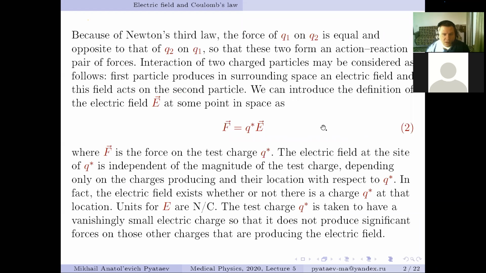Well, if we had only Coulomb's law, the electric field would be just a useful method of calculating force.